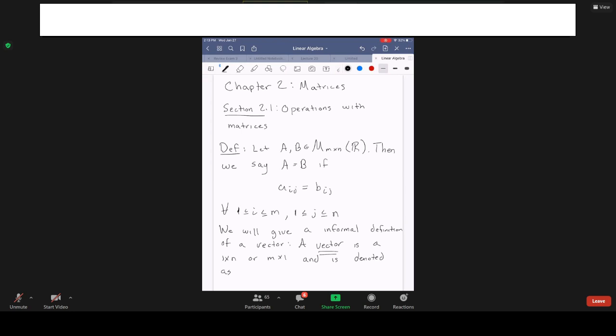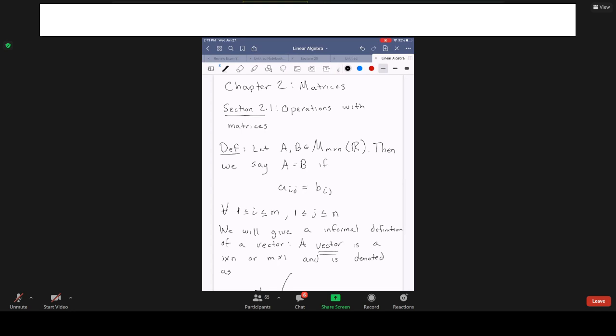Usually in the book they bold it, if they give you a vector v. But since I'm not a typewriter, we humans write it with an arrow over the head. So we denote it this way.